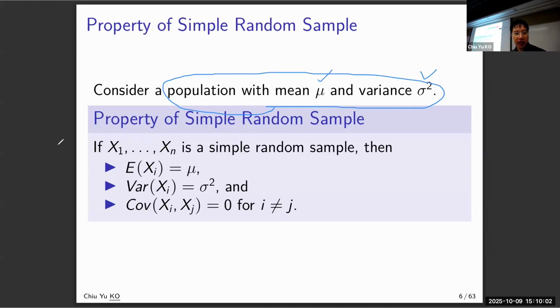But if we are going to collect some data, we went down to pick up people, okay? And on average, okay, each one would have the mean mu. That means that if we collect many, okay, potentially, you will get back the mu. That's the idea. Is that clear?